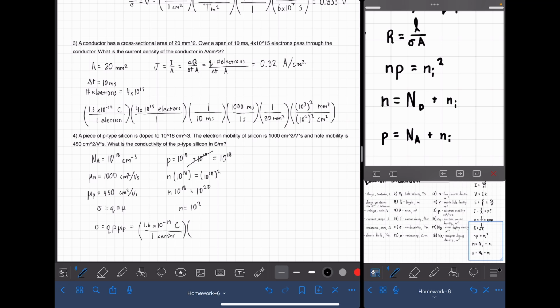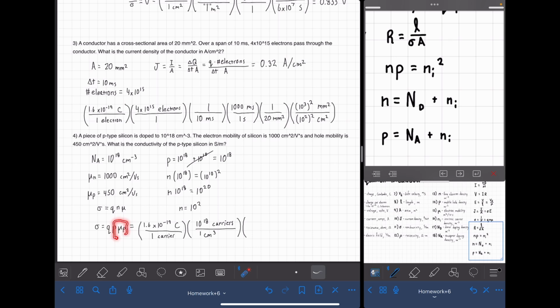Times our hole density, or our positive carrier density rather, that is 10 to the 18 per centimeter cubed. Now we have our hole mobility.